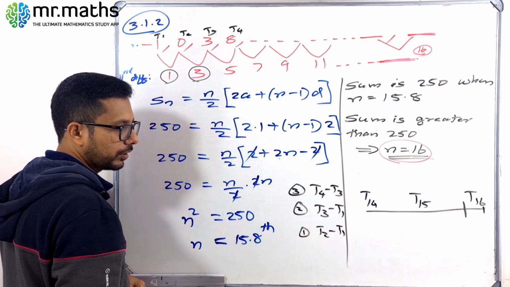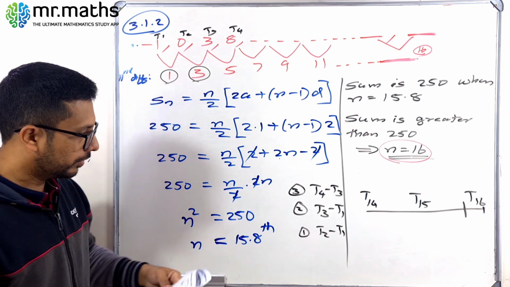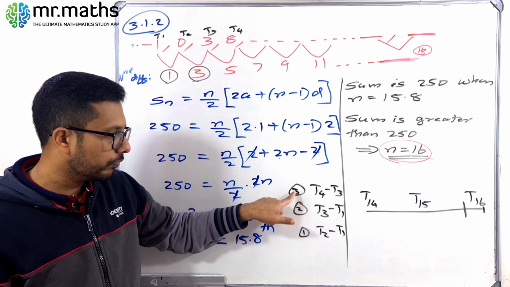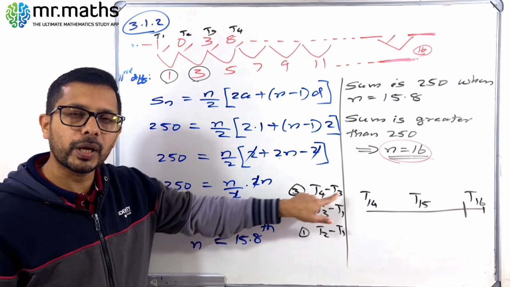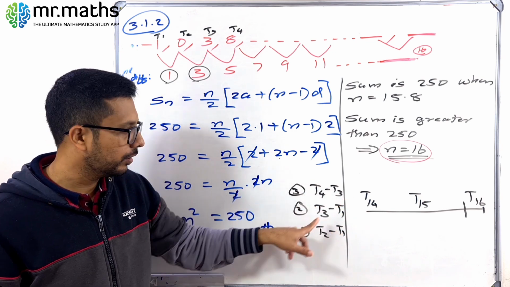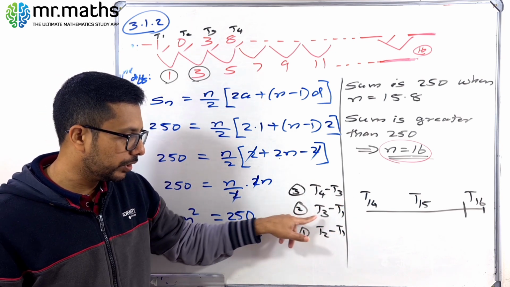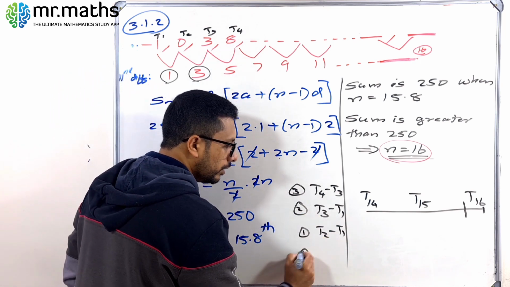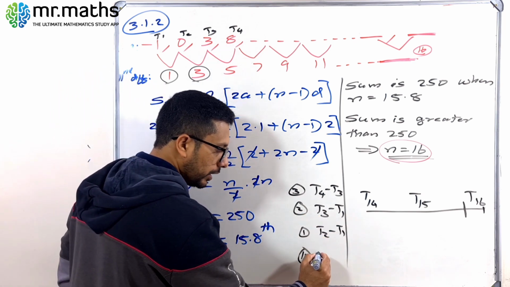Am I right? When it is to get the third term, one more than this, T4 minus T3. Second term, one more than this, T3 minus T2. So similarly, to get the 16th term, what must I write here?